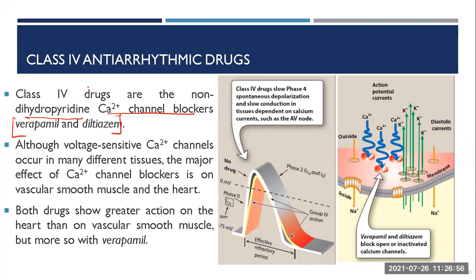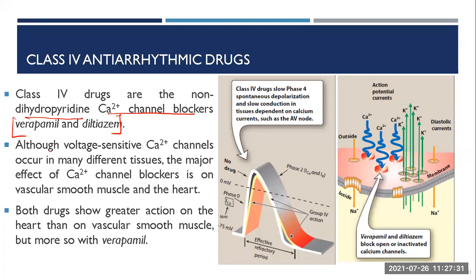One of the classes is dihydropyridine, and the example of the drug under this class is amlodipine. Although amlodipine is a calcium channel blocker, it has no efficacy in arrhythmia. That's why it is said specifically that only non-dihydropyridine calcium channel blockers are used in the treatment of arrhythmia.